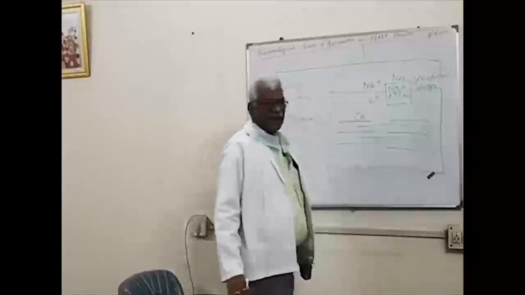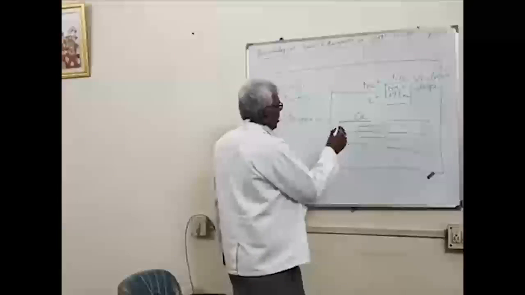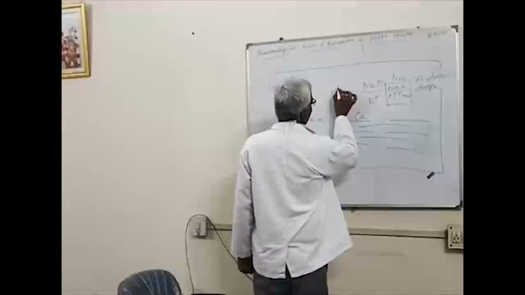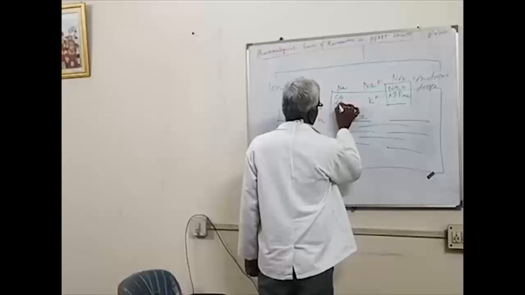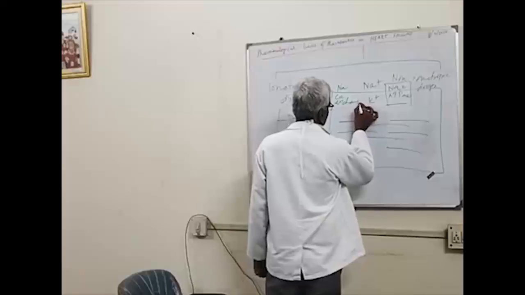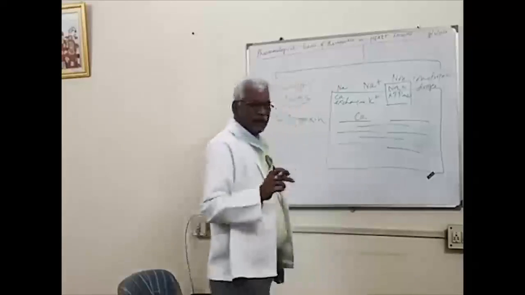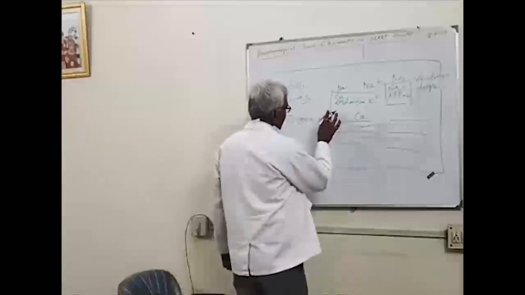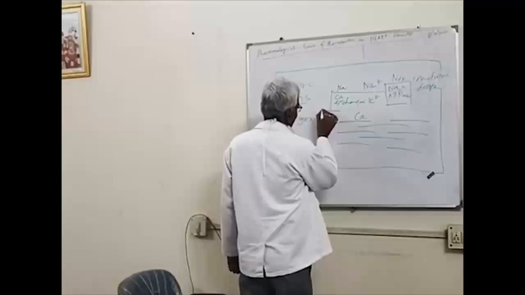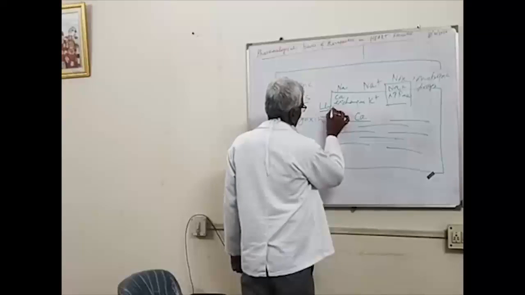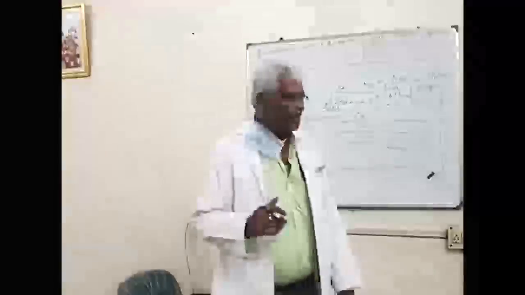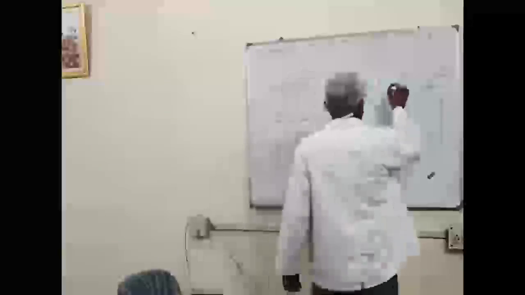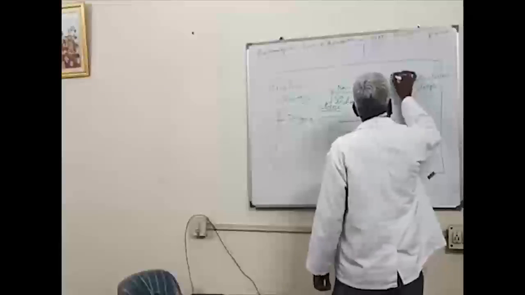Apart from this, there is another pump which is called the sodium calcium exchanger. And there is another channel, the L type calcium channel. So what the digitalis does is it inhibits the sodium potassium ATPase pump.